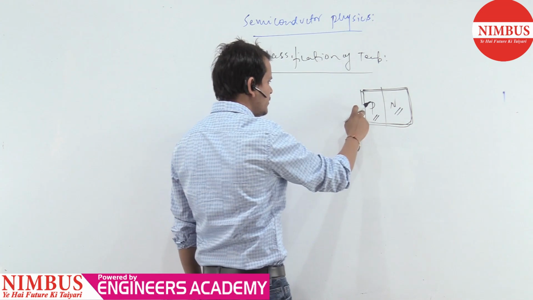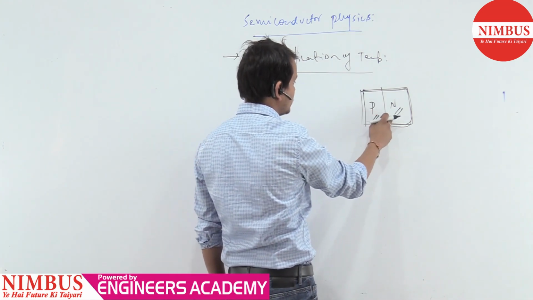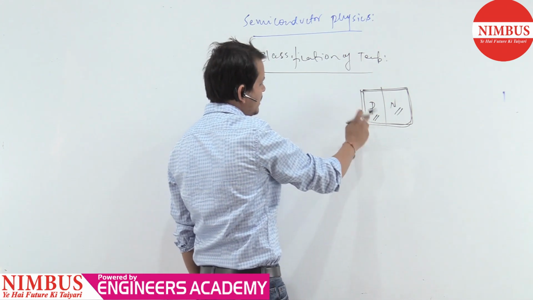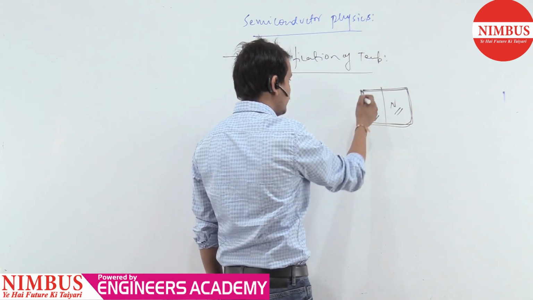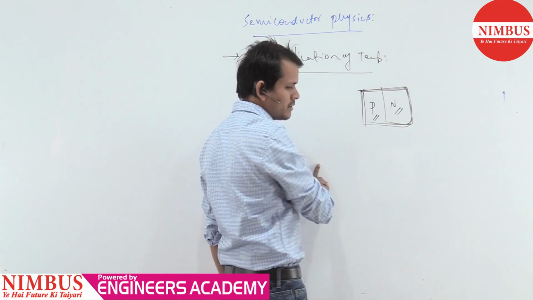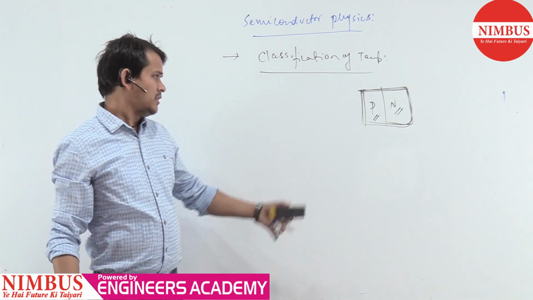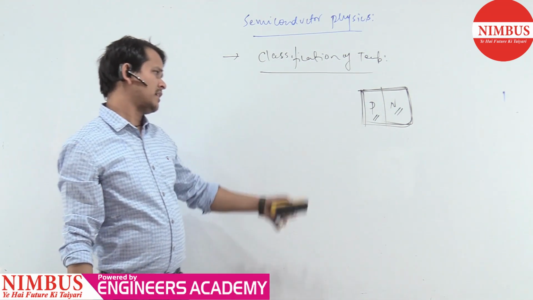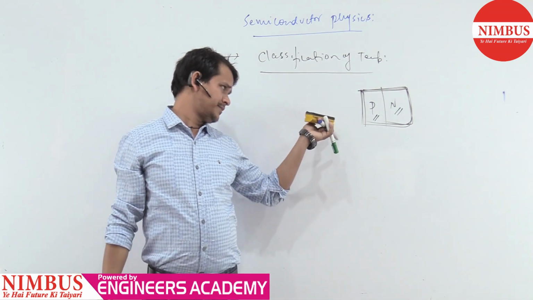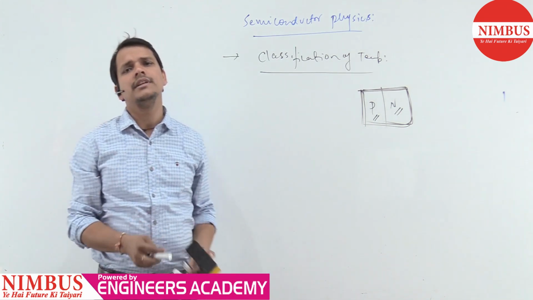So first of all we need to study the p-type and n-type semiconductors, and then we take the diode. The diode is very important for any competition examination, either GATE or other examinations. Whenever we try to understand p-type or n-type semiconductors, we need semiconductor physics.